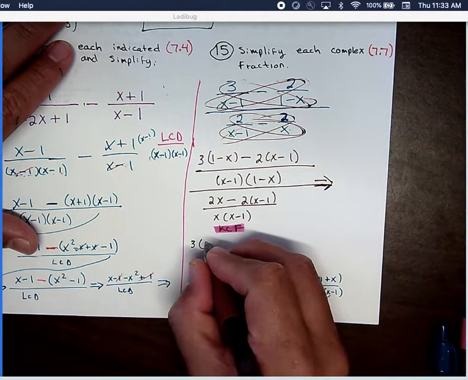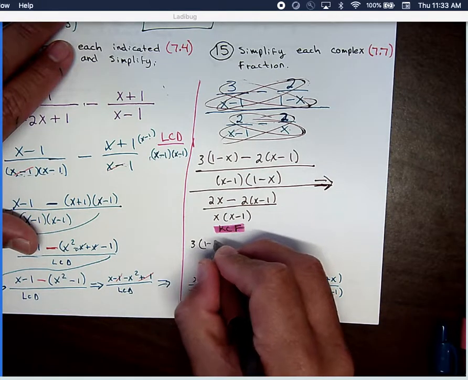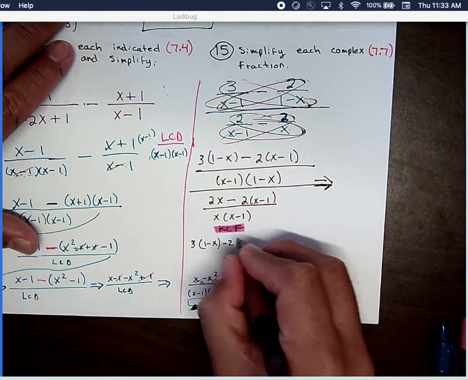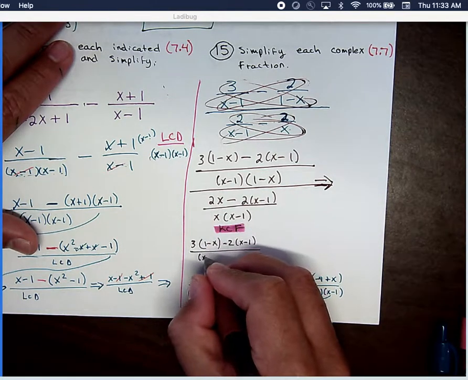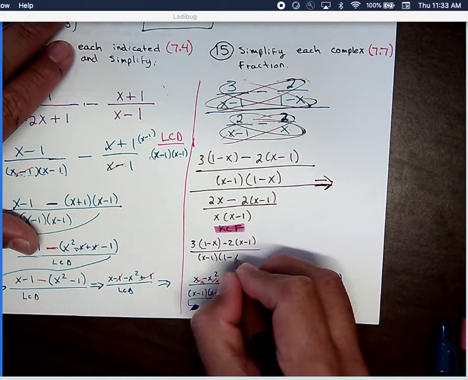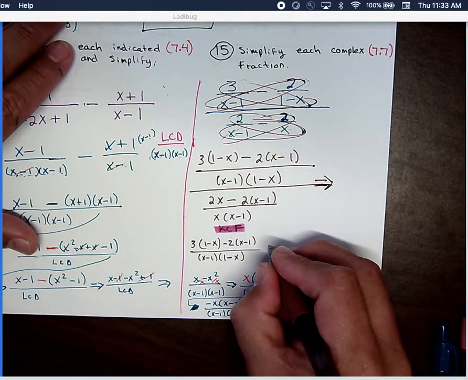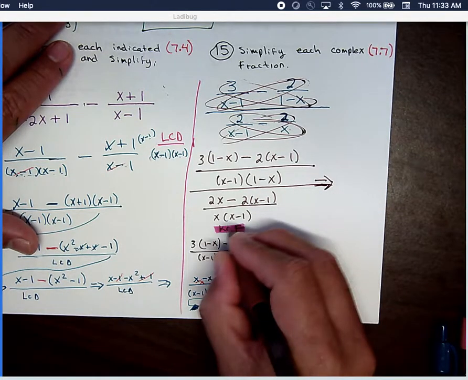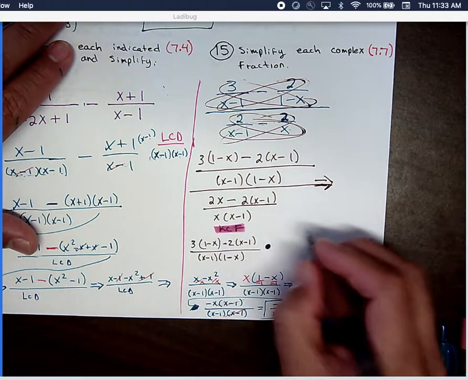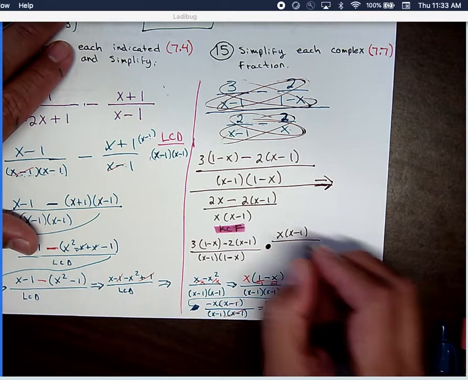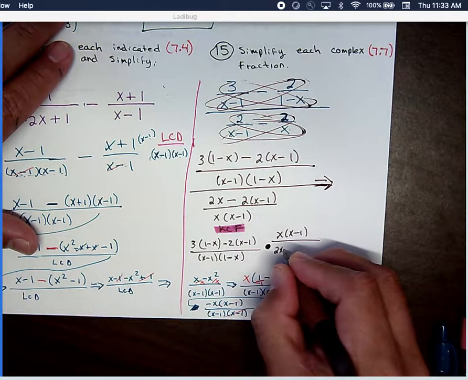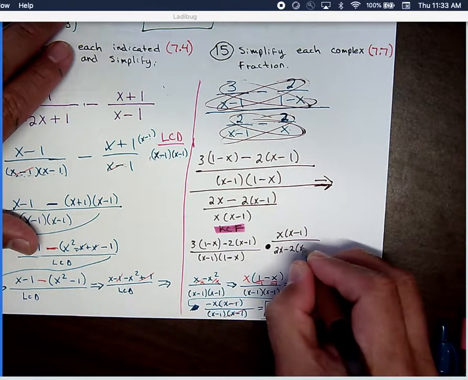So 3, 1 minus x minus 2x minus 1 over that minus x, and then I'm gonna change the division to multiplication, and I'm gonna flip this one. 2x minus 2x minus 1.